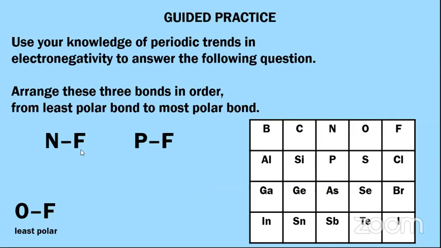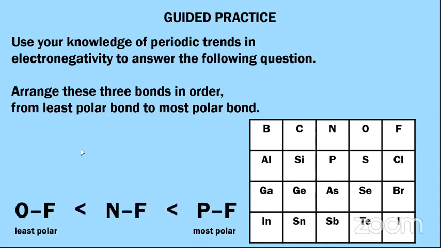And then as we get farther apart, since phosphorus is not only to the left, but also down one column, phosphorus and fluorine should have the greatest difference in electronegativity. And that puts the nitrogen-fluorine bond in the middle. So you could definitely rank the polarity of these bonds even without electronegativity values just based on trends.